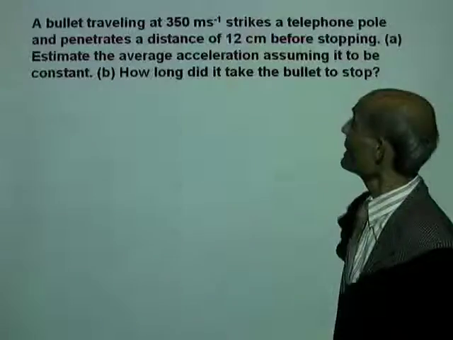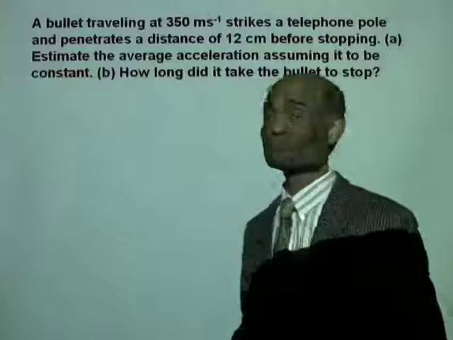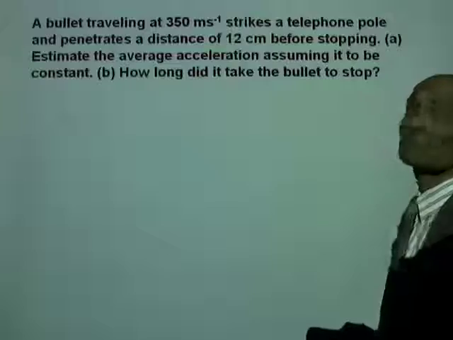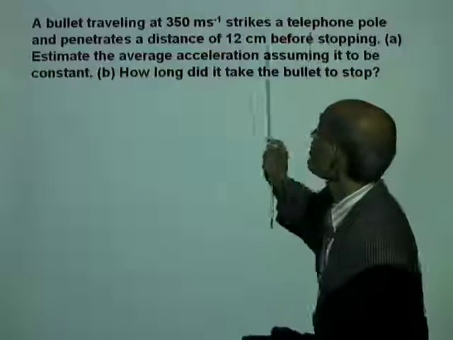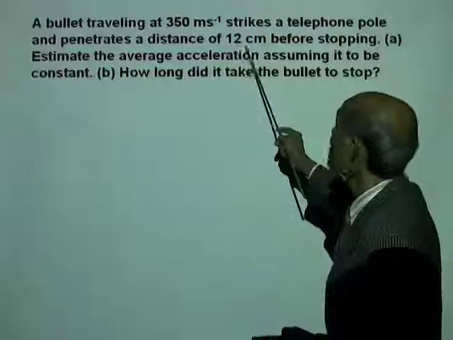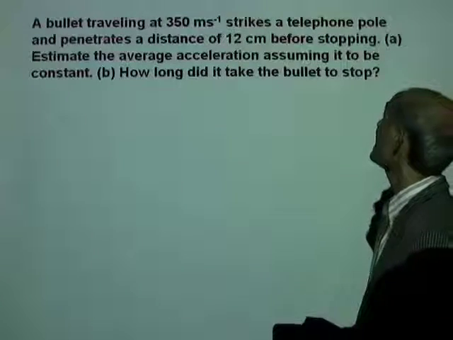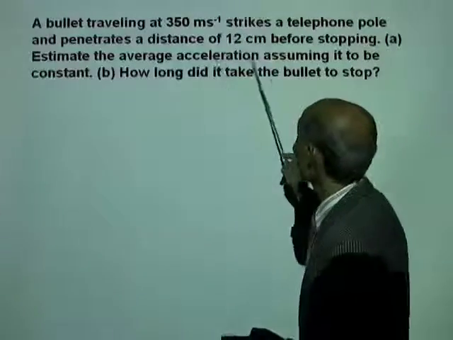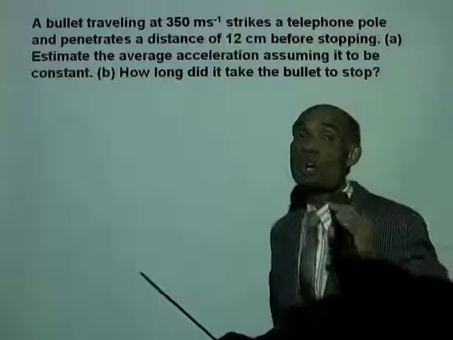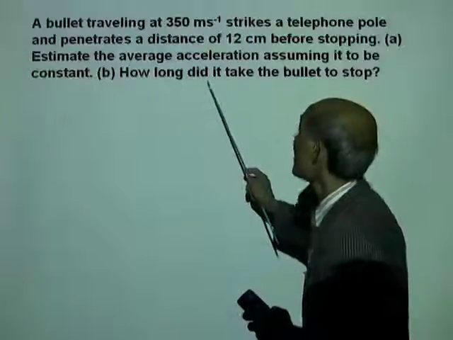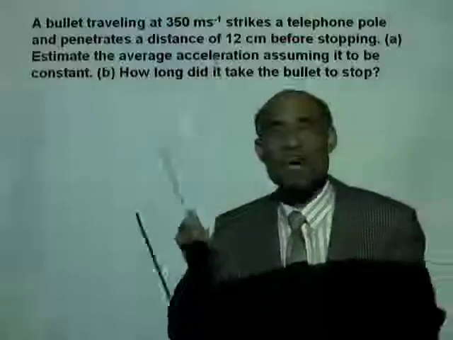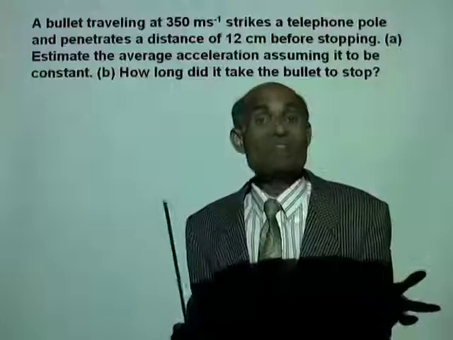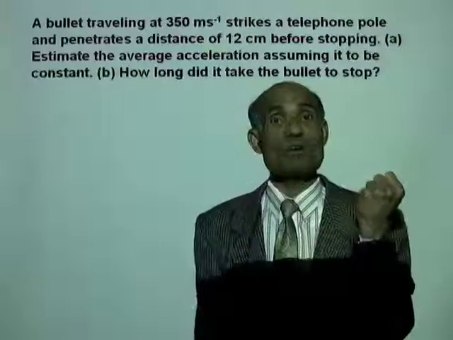Okay, let's do another problem. A bullet traveling at 350 meters per second strikes a telephone pole and penetrates a distance of 12 centimeters before stopping. A. Estimate the average acceleration assuming it to be constant. B. How long did it take the bullet to stop? Well, if you follow everything that we did so far, you can do this problem on your own.